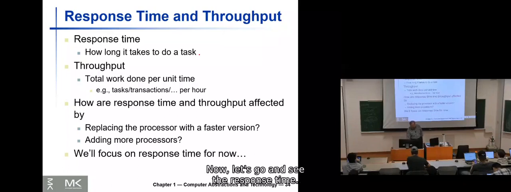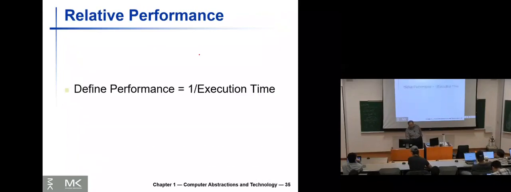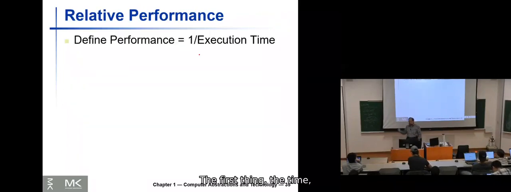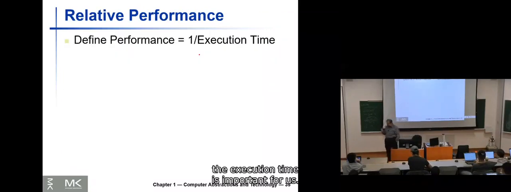Now let's go and see the response time. We want to analyze response time, so we can come up with ideas how to make it better. The first thing, the execution time is important for us.